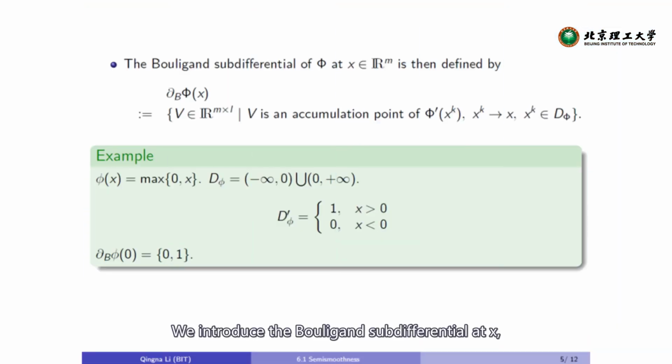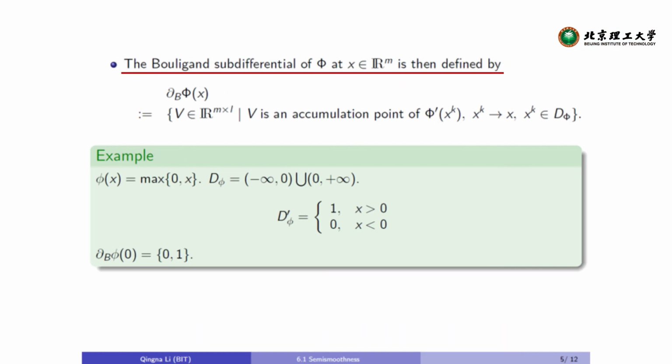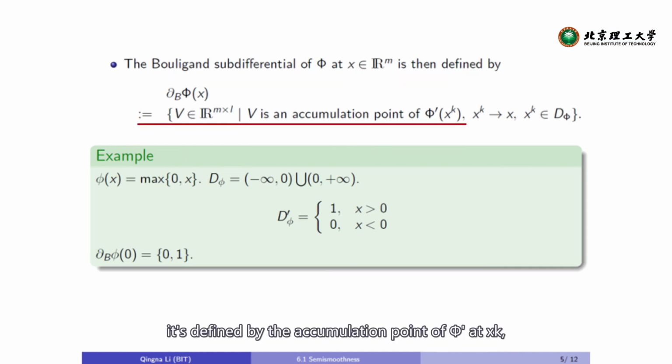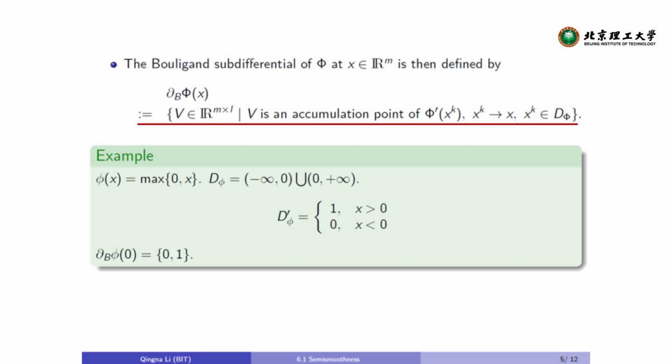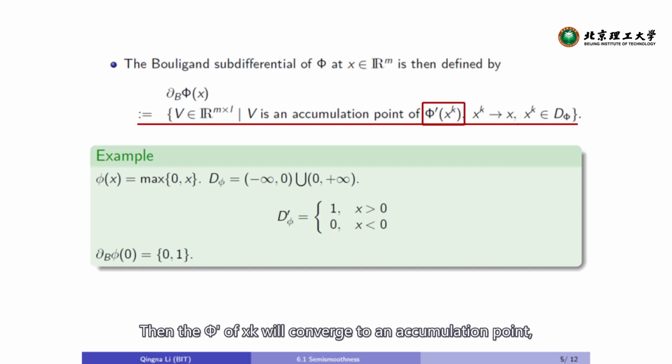We introduce the Bouligand subdifferential at x, defined by the accumulation points of phi prime at xk, where this xk converges to x, and xk is a differentiable point of phi. Then phi prime of xk will converge to an accumulation point.